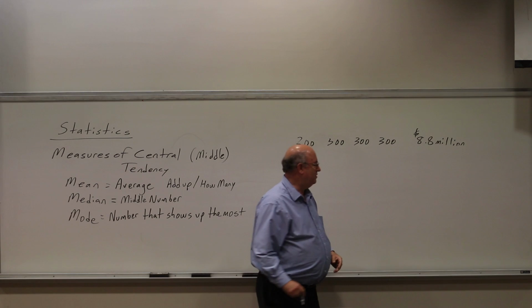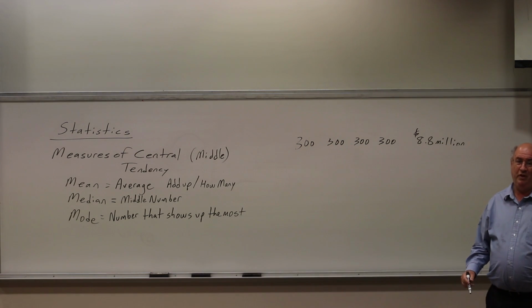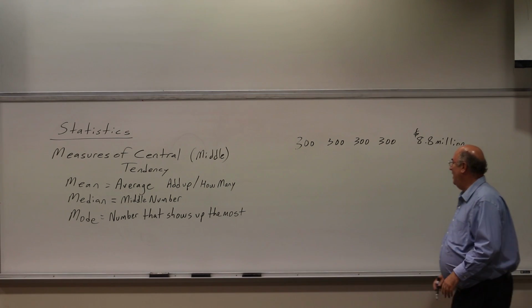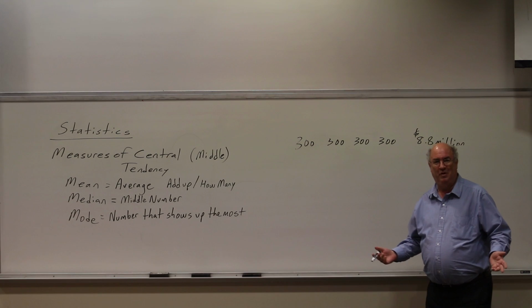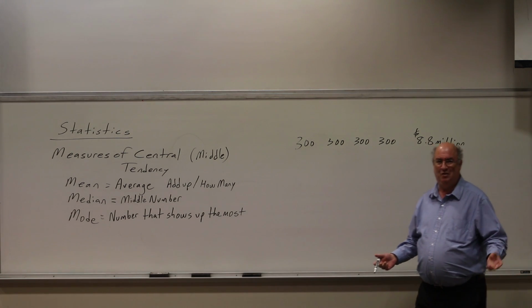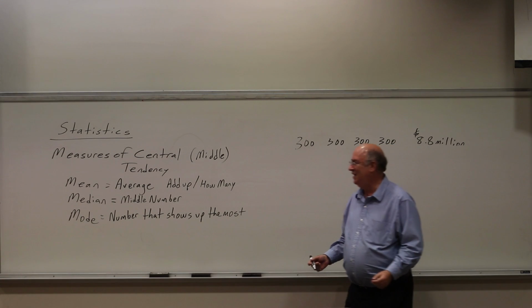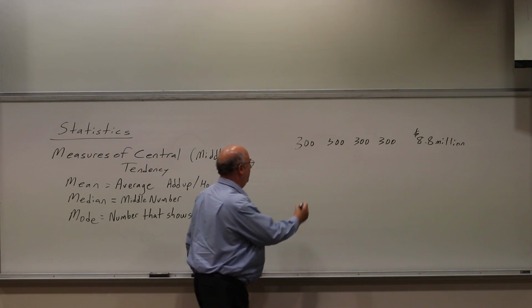So they build their giant house at the end of the street for $8.8 million in this example. Does it make my house worth more money? Maybe a little bit, if I have an $8.8 million house down the street, but it's not worth that much more money. So if you take the average, or the mean, and you add these up, you get $10 million.